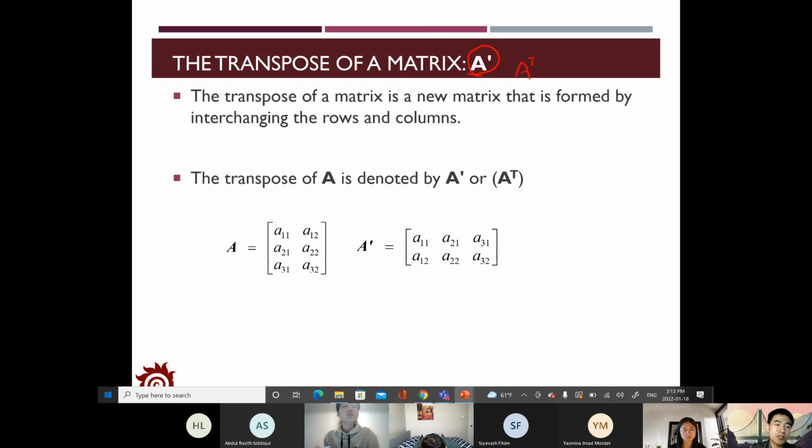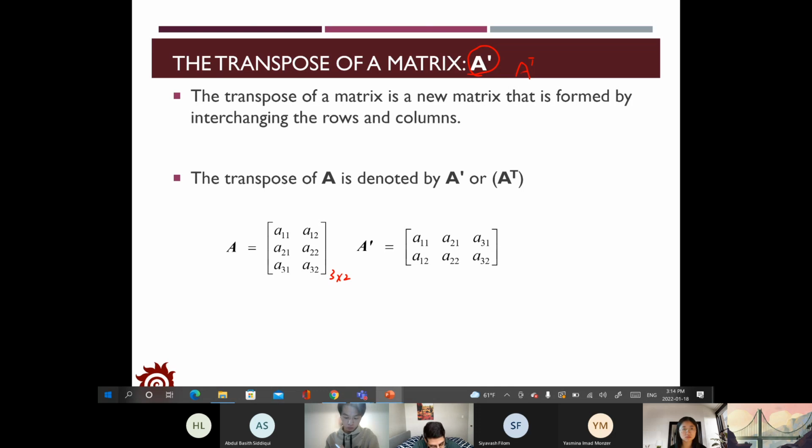So let's see how we're going to do the transpose. Assuming that we have the matrix A, and it has the dimension of 3 rows and 2 columns. Then the transpose will change the positions of each element in the rows and the columns.